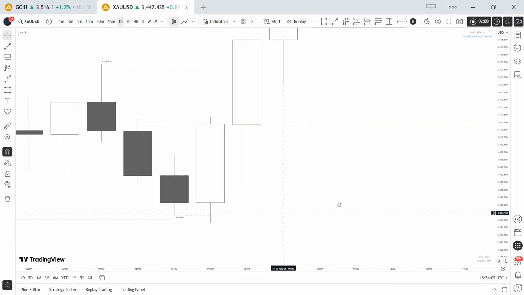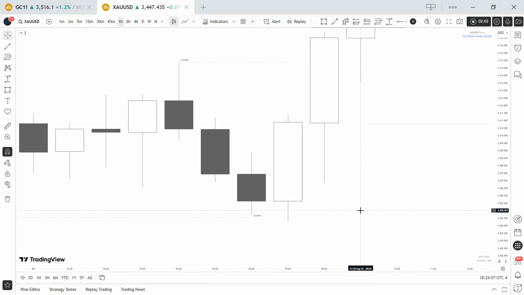A swing is composed of three candles. Candle number one, which has to be taken out. Candle number two, taking out the previous candle. Candle number three, supporting the idea of candle number two by not taking it out, supporting its idea of the direction they are heading towards.